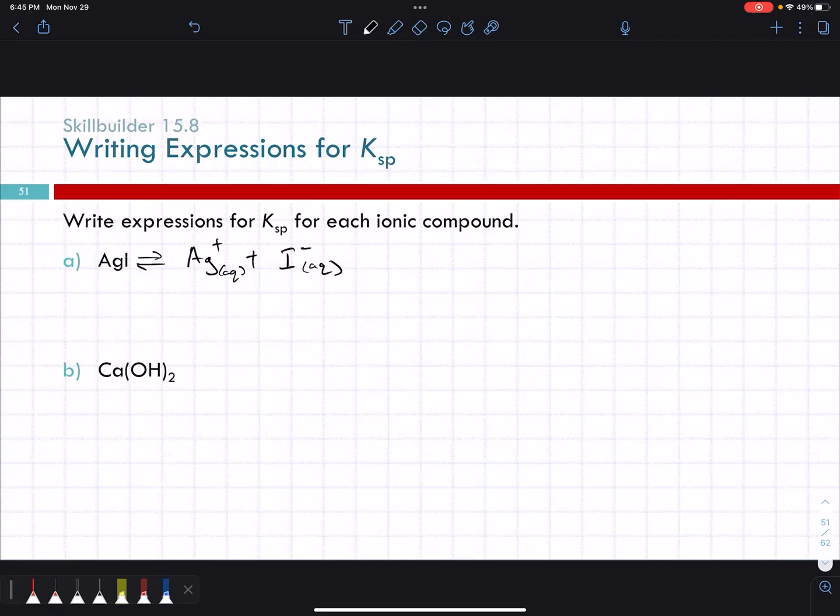So our solubility product, Ksp, is going to be our products over reactants, but because our reactant here is solid, we just have the concentration of silver times the concentration of iodide.